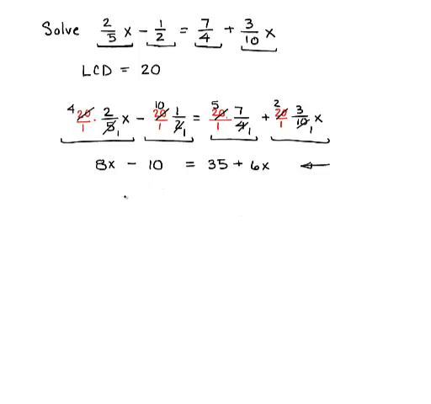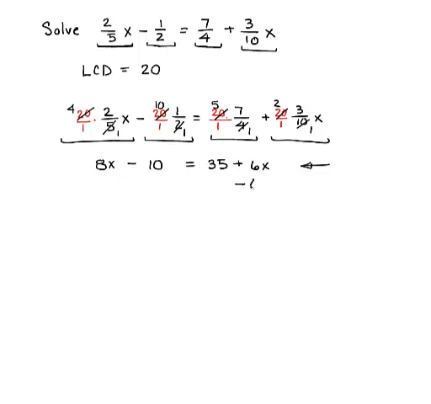The next step is I want to use the addition and subtraction properties of equality, which means whatever I add to one side, I have to add to the other side. If I subtract something from one side, I have to subtract it from the other side. So I have an x term over on this side and another x term over here, so I want to get rid of one of them. Let's get rid of the 6x on the right side.